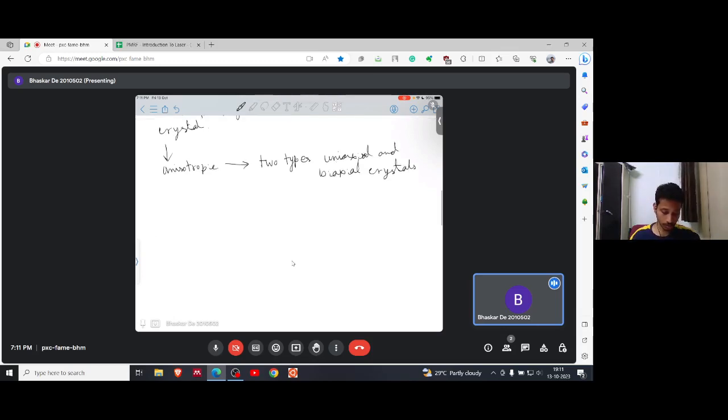So in anisotropic crystal, basically the properties depend on the angle of beam propagation.